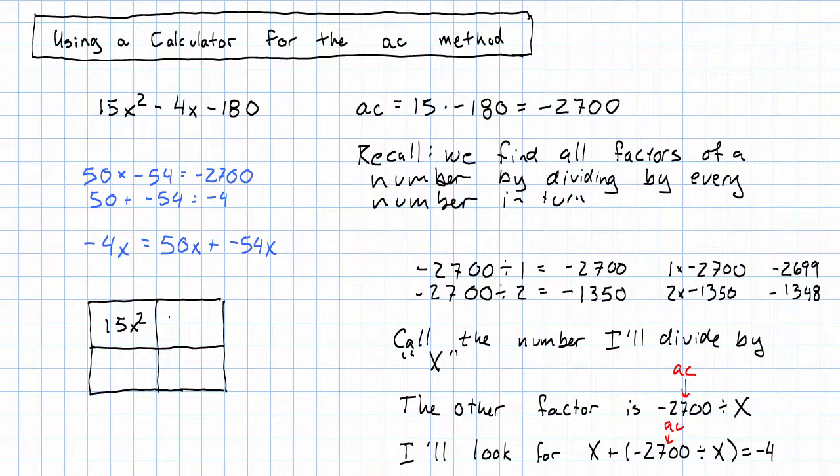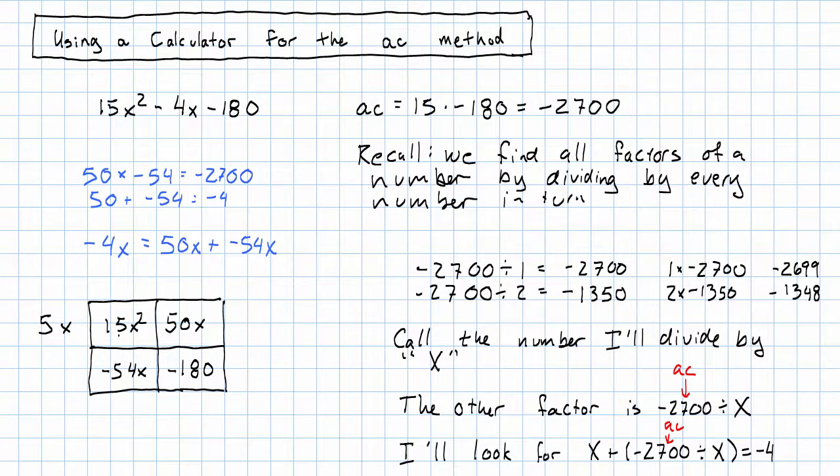My x term I'm splitting up as 50x and negative 54x. And my last term is negative 180. Okay, first row, 15 and 50 have a 5 in common. And then x squared and x have an x in common. So I've got a 5x there.